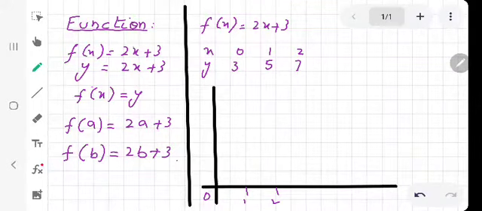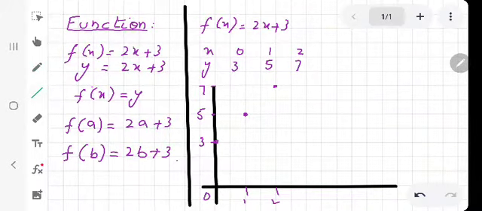On x equals 0, the value of y is 3. On x equals 1, the value of y is coming 5. And at x equals 2, the value of y is coming 7. This is 3, 5 and 7.